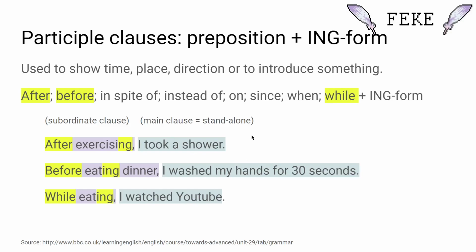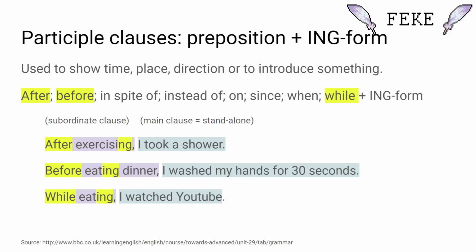And to be honest, the function here is quite simple. We put the participle clause at the beginning of a sentence, generally, in order to help us create a sense of cause and effect, and also the reason for why things happen.